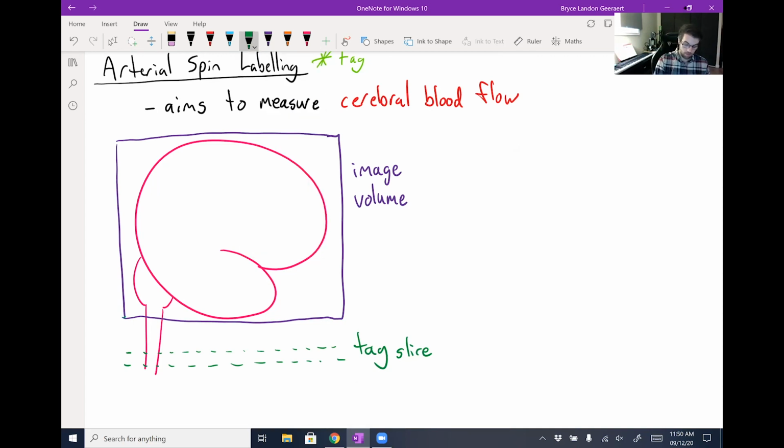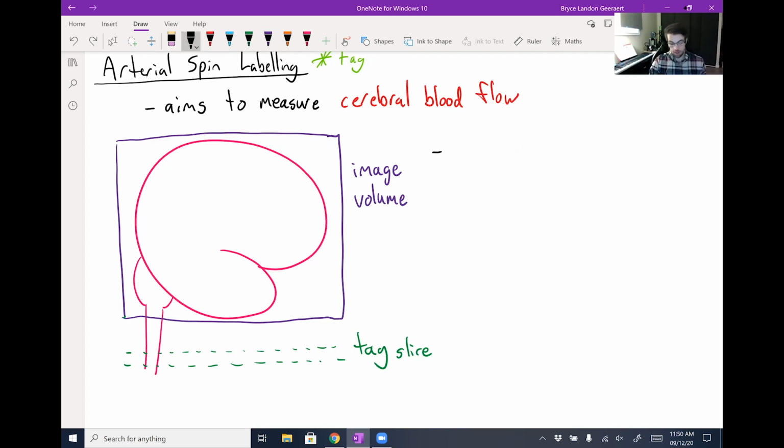Let me draw. Our tagging slice can't be right here because of this phenomenon called magnetization transfer, which I'm not talking about today, but I know about in case anyone has questions. There needs to be some distance so that the RF pulse used to tag doesn't actually affect our imaging volume at all.